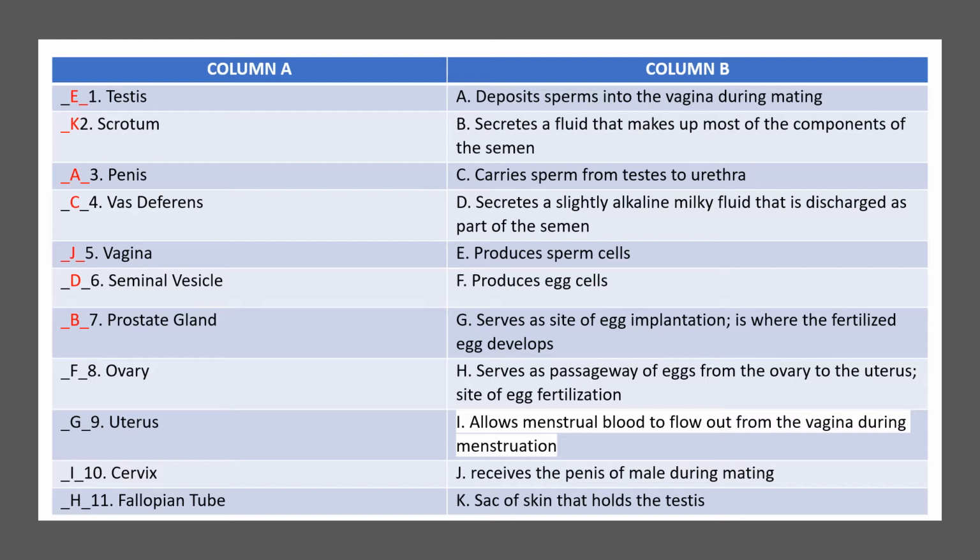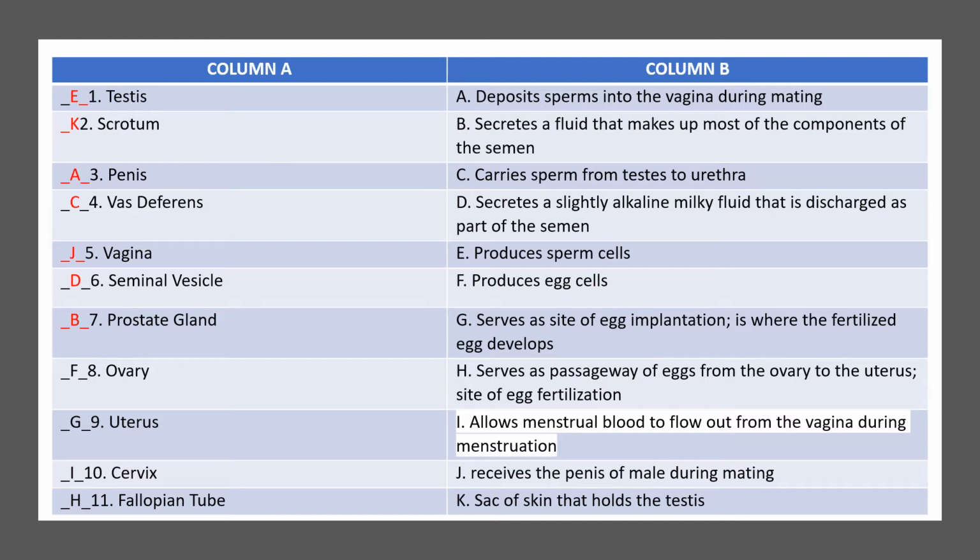10 is the cervix. Cervix allows the menstrual blood to flow out from the vagina during menstruation. Then 11 is the fallopian tube. This serves as a passageway of eggs from the ovary to the uterus, or it is the site of egg fertilization.